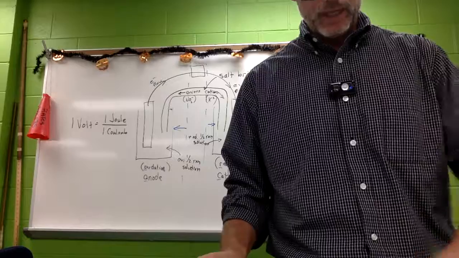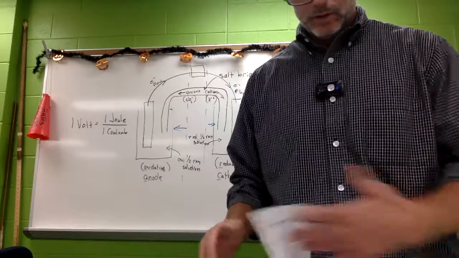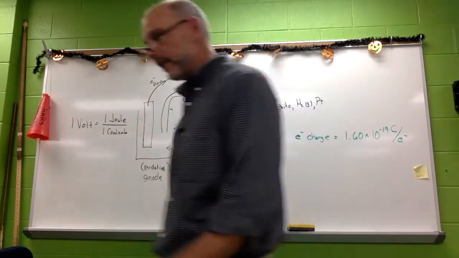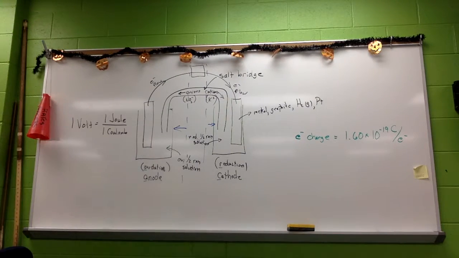Okay, this is a table of, well, as you can see, standard electric potentials. The AP used to give these for you. They no longer do. You do not have to memorize them. You're going to be able to deduce what's going on based on other information within the problem.